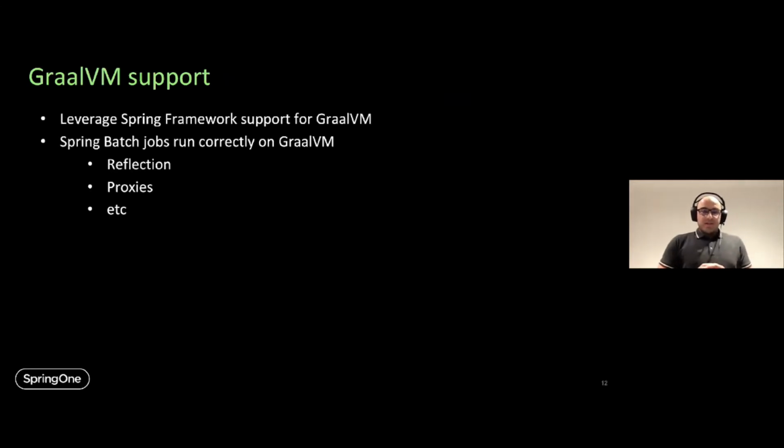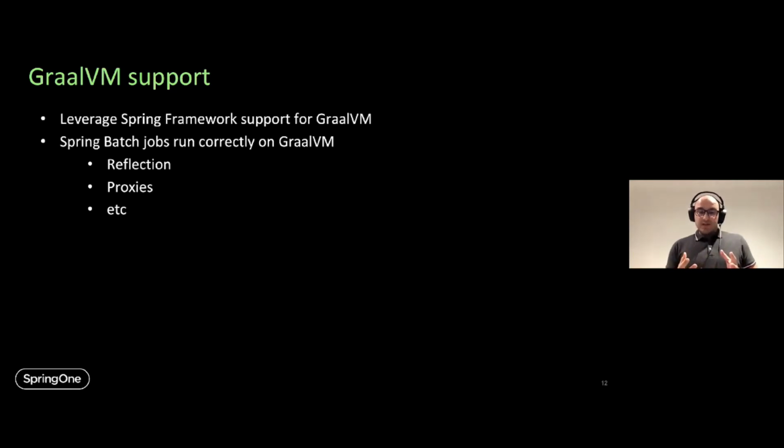The second one is about GraalVM support, which is a hot topic at the moment. There is a lot of work that has been done already in Spring Framework to support running some types of Spring applications on GraalVM, and we will leverage that support in Spring Batch as well, since we are based on Spring Framework.